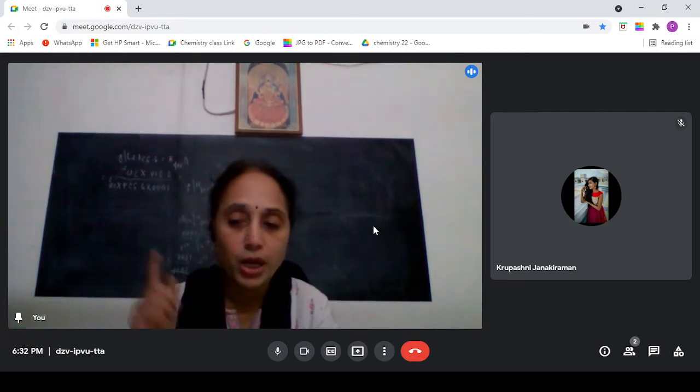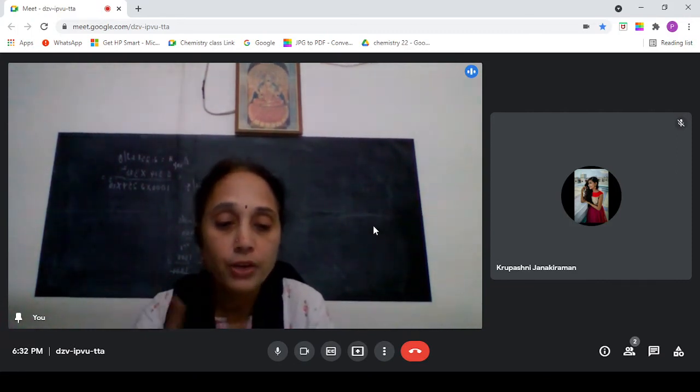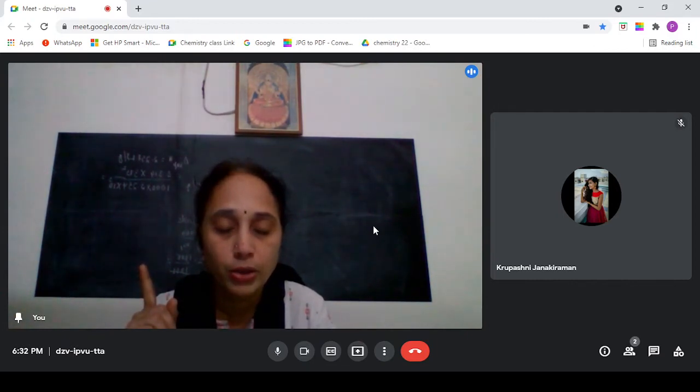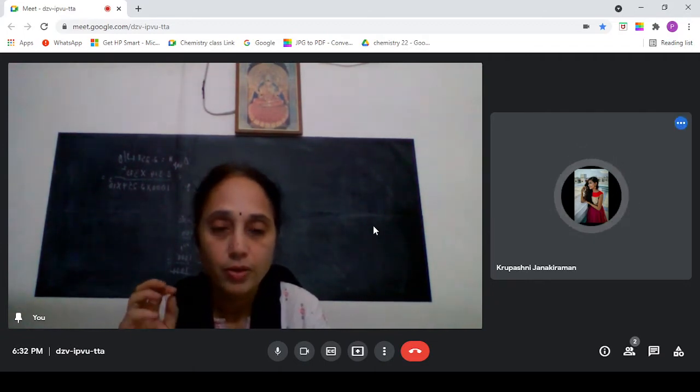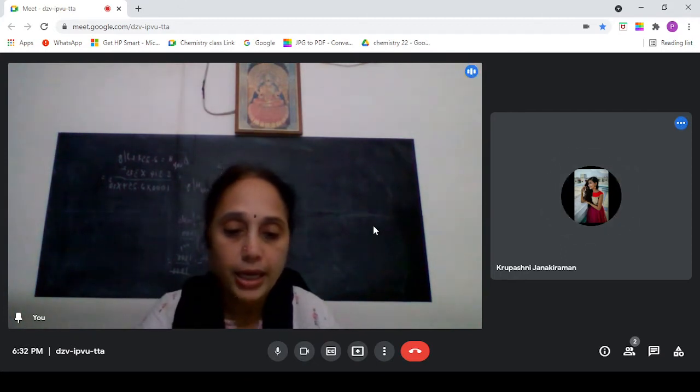So same formula: Kf is equal to, if they are given per mole, you will have to put M in the numerator. M into R into T naught square by 1000 into delta fusion H per mole.